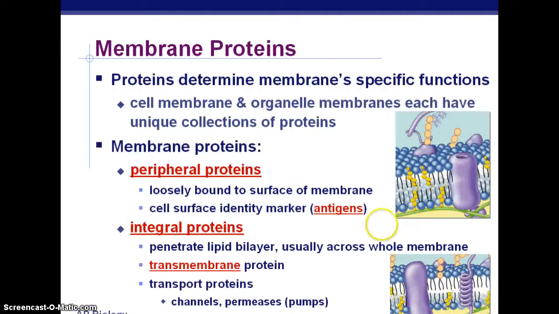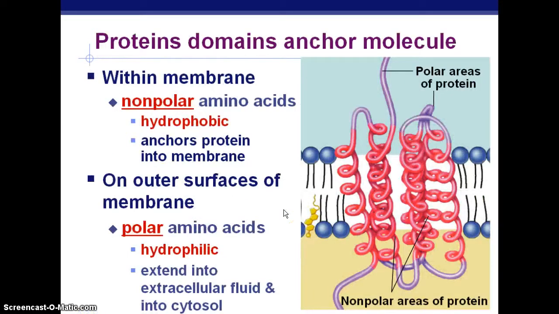Membrane proteins, as I said, there's two types. There's peripheral proteins, which sit on one side of the membrane, and there's integral proteins, which span the entire membrane. When you're looking at proteins, particularly the integral proteins, they're going to have to mimic what we talked about previously, where you have hydrophilic and hydrophobic regions. So this polar section of the protein is this big squiggly thing.